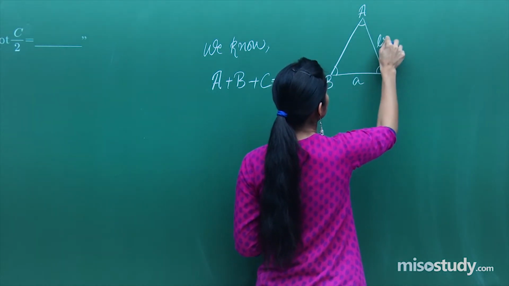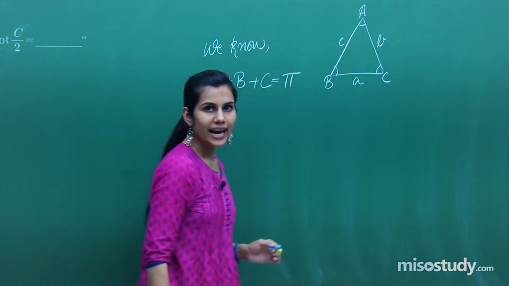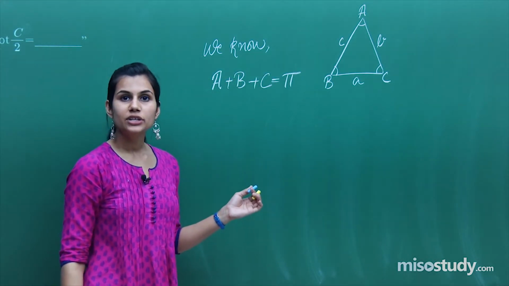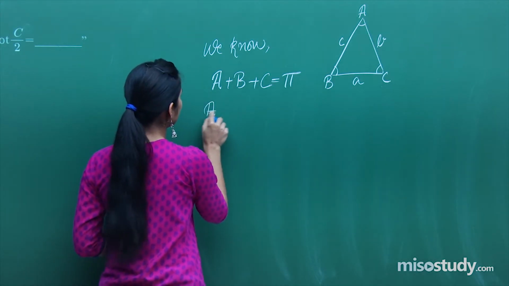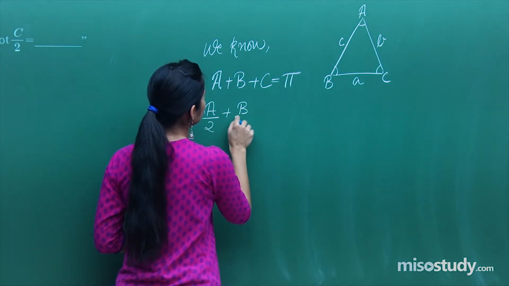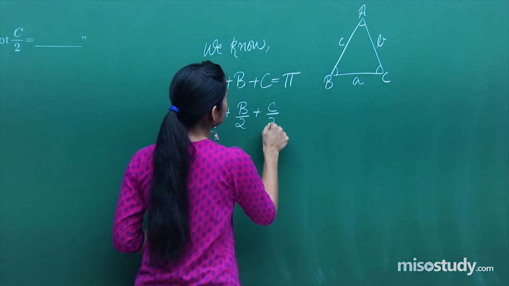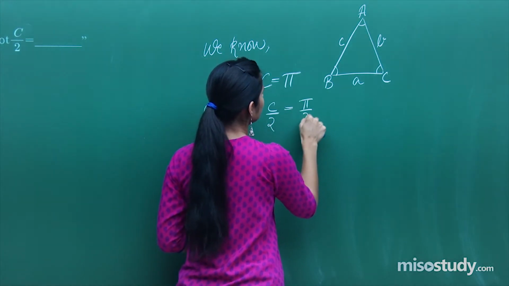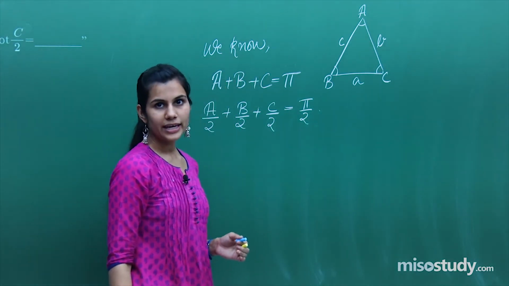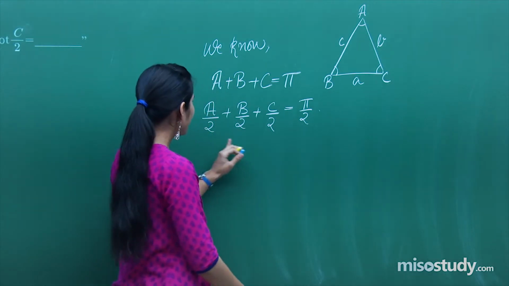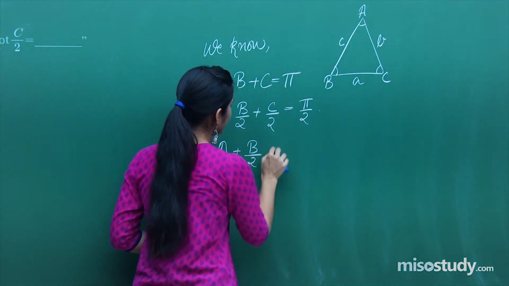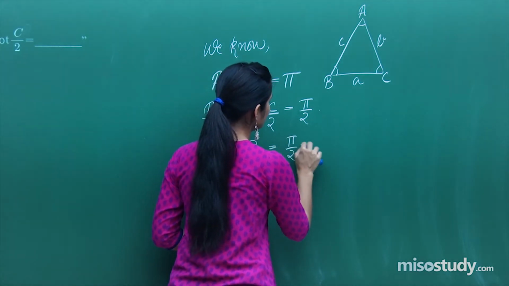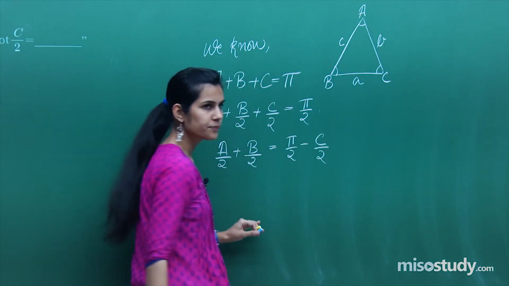This is A, this is B and this is C. I know sum of all 3 angles is 180 degrees. So A plus B plus C is pi radians. That means A by 2 plus B by 2 plus C by 2 is pi by 2. Right? What about A by 2 plus B by 2? A by 2 plus B by 2 is pi by 2 minus C by 2.